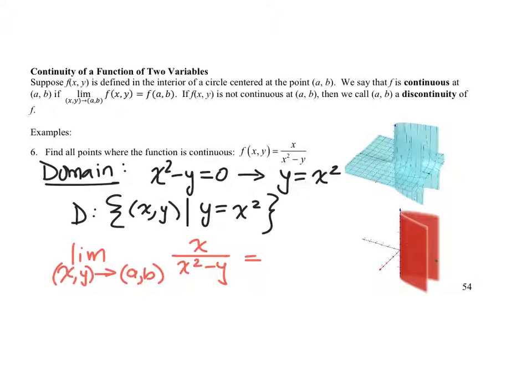So we would just say a over a squared minus b. All right, but again, as long as we know that b is equal to a squared, as long as we know that b is equal to a squared, we're going to be in good shape.